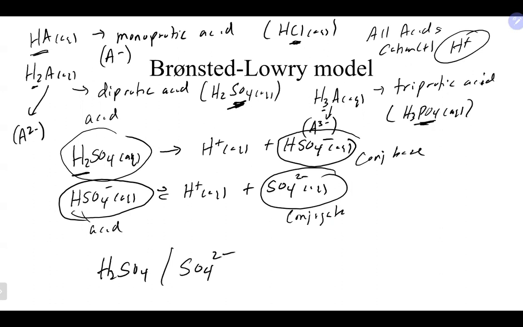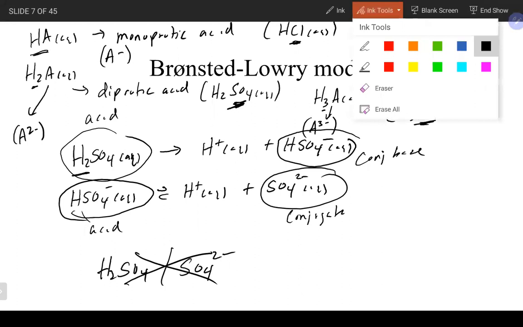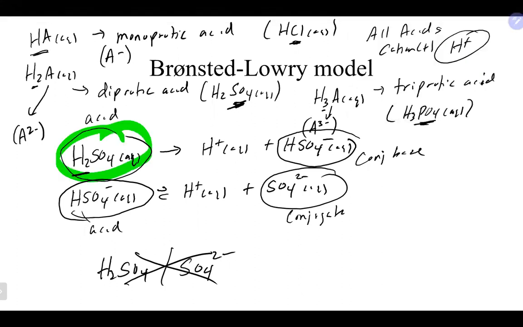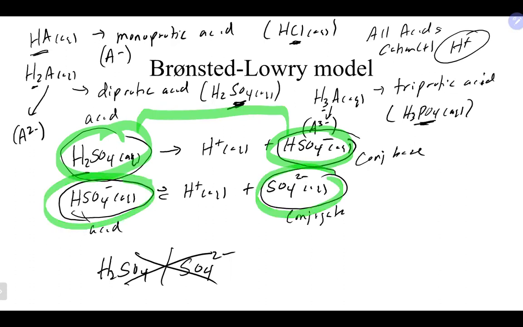To say that those guys are an acid conjugate base pair, but the difference there is two H pluses, so they would not be a pair. The only pairings that we have are this guy and this guy, where the only difference is one H plus, and this guy and this guy, where the only difference is also one H plus.